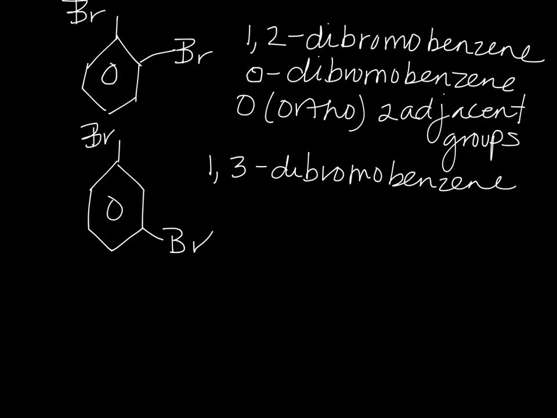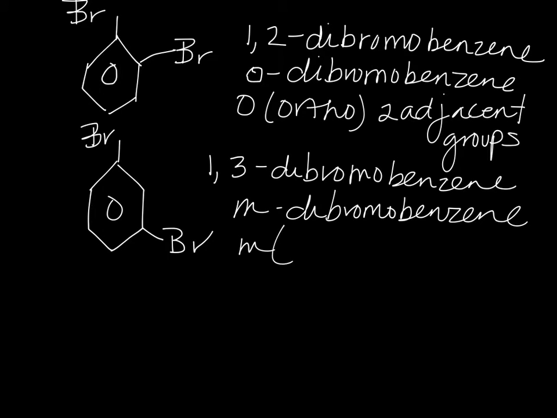This is also called meta-dibromobenzene. And the meta is when you have two groups with one carbon in between, or two adjacent substituents.